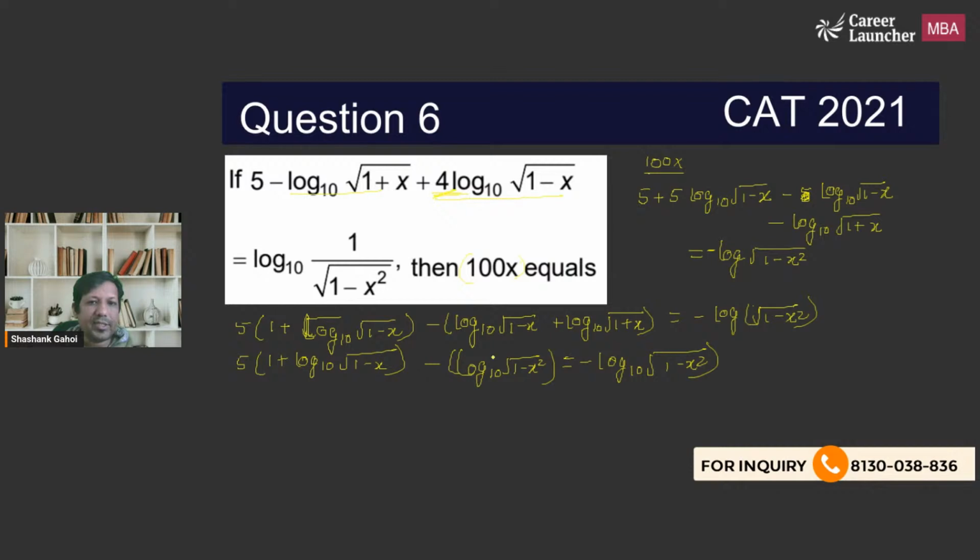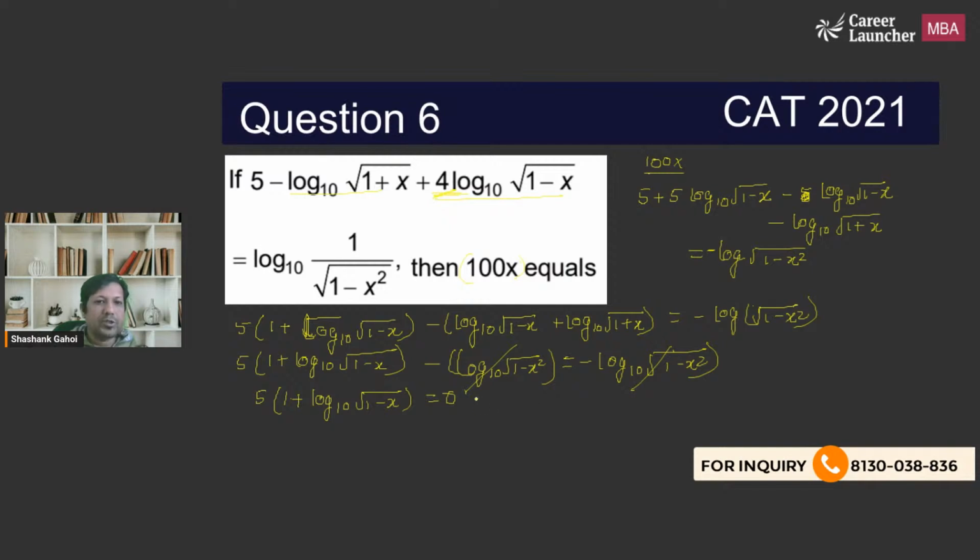Now this is negative, this is also negative, so these two cancel out. So it is going to be 5 times 1 plus log base 10 1 minus x, and that's equal to 0.